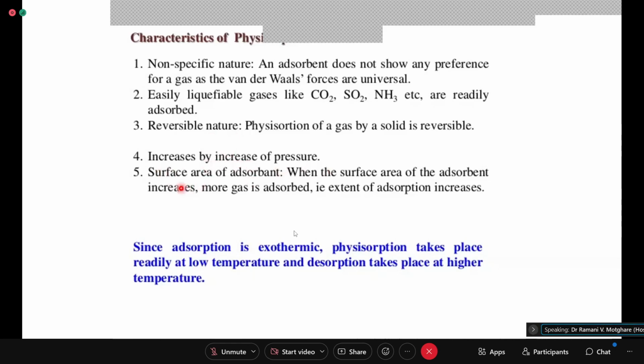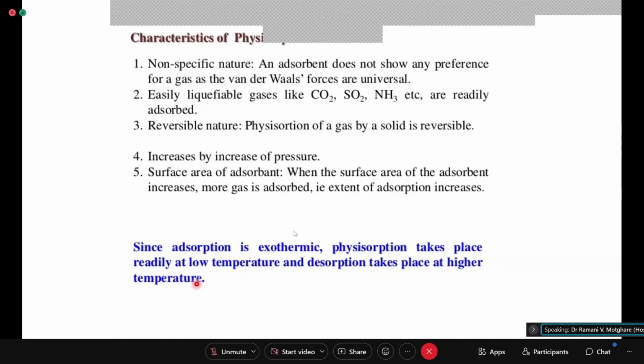As the surface area of the adsorbent increases, more gas adsorption takes place. Since adsorption is exothermic, physisorption takes place readily at low temperature, and desorption takes place at higher temperature.